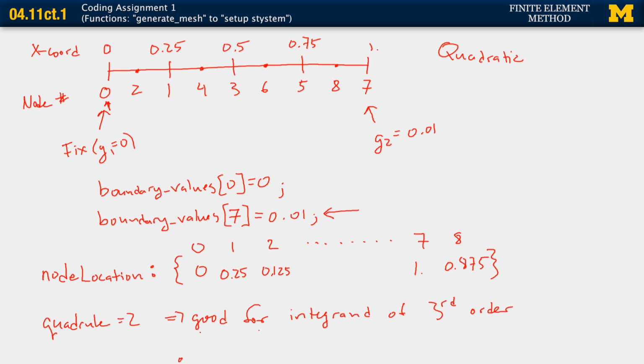So remember that Gaussian quadrature is exact for polynomials of order equal to 2 times the quadrature rule minus 1. So in this case, if you have a quadrature rule of 2, it's good for an integrand of third order, right? Because 2 times 2 is 4 minus 1. So if you have an integrand with polynomials of order 3, then Gaussian quadrature will integrate exactly for you.